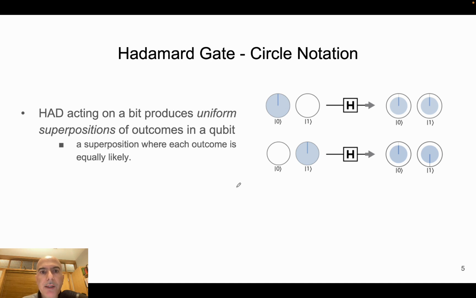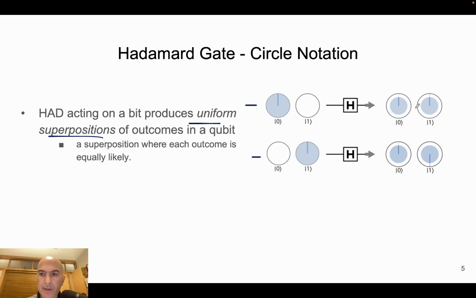If we look at the transformation of the Hadamard gate using the circle notation, what the Hadamard gate does is basically produce a uniform superposition. So we start from either state 0 or state 1, and we apply the Hadamard gate, and after we apply this, we will have equal probability of finding the system either in state 0 or state 1.